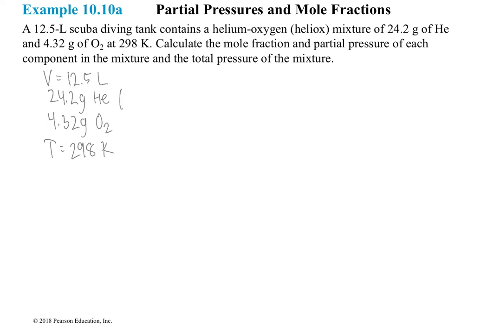So let's convert these grams into moles using their molar masses. I get 6.05 moles of helium, and for O2, 32 grams per mole, gives me 0.135 moles of oxygen.